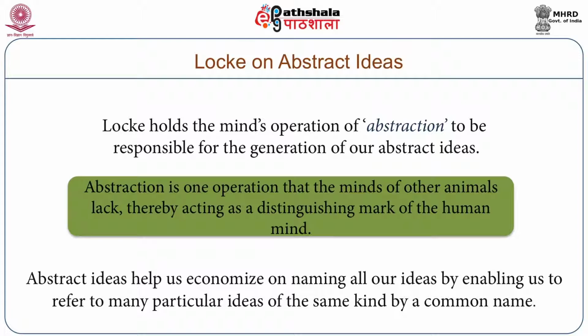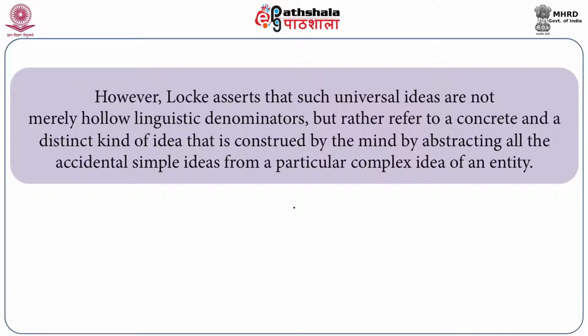Likewise, Locke maintains that abstract ideas help us to economize on naming our ideas by enabling us to refer to many particular ideas of the same kind by a common name. However, Locke believes that such universal ideas are not merely hollow linguistic denominators, but rather refer to a concrete and distinct kind of idea that is construed by the mind by abstracting all the accidental simple ideas from a particular complex idea of an entity.